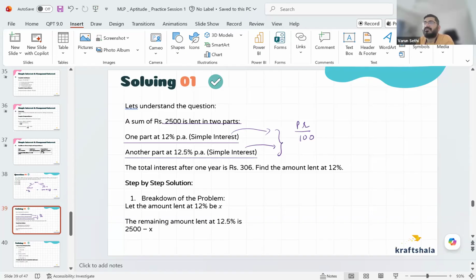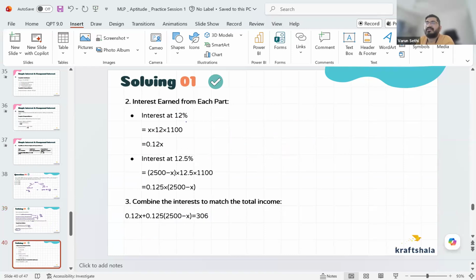Now the total interest after 1 year is 306. You have to find the amount that is lent at 12%. So I am assuming that the amount that is lent at 12% is X. And the amount that is lent at 12.5% automatically will be 2500 minus X, right? Then for 12%, the interest calculation will be X into 12 divided by 100, which is 0.12X. Is that clear?